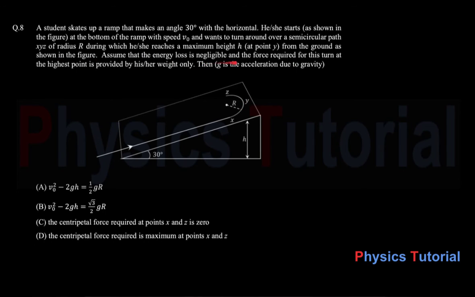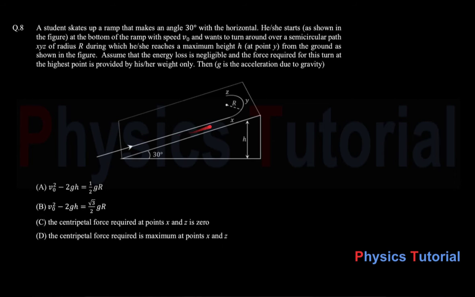Assume that the energy loss is negligible and the force required for this turn at the highest point is provided by her weight only. g is the acceleration due to gravity; in terms of g you have to find.